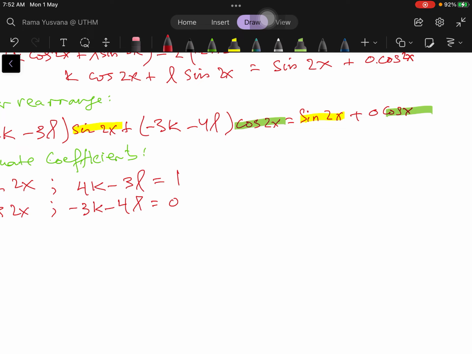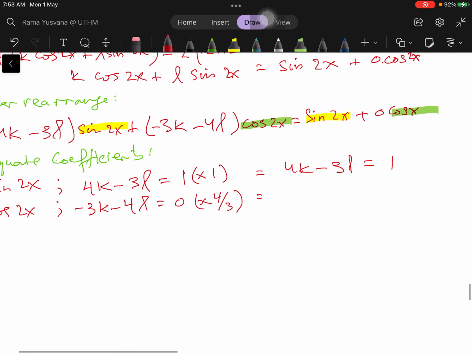So I just try to make this the same. In this case, I would like to multiply this one by 1 and this one by 4/3. So maintain 4k minus 3l equals 1, and this one becomes negative 4k minus 16/3 l equals 0, and then add them up.